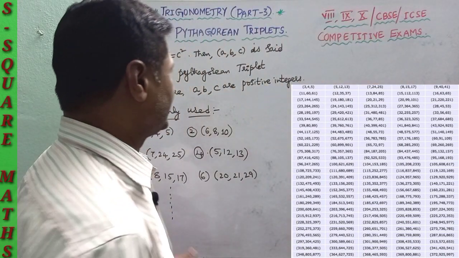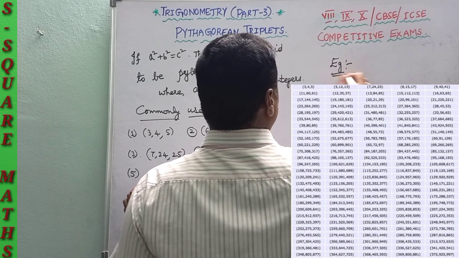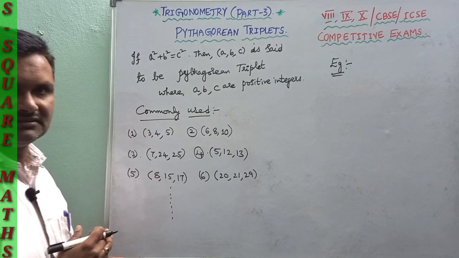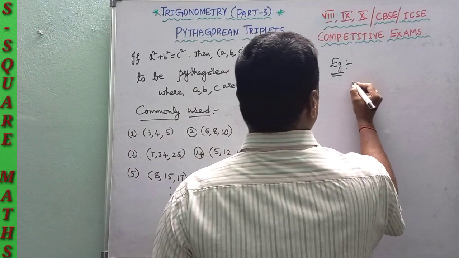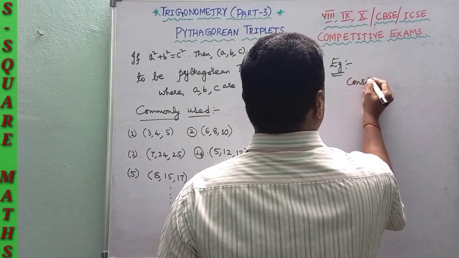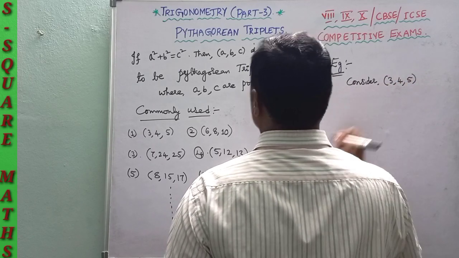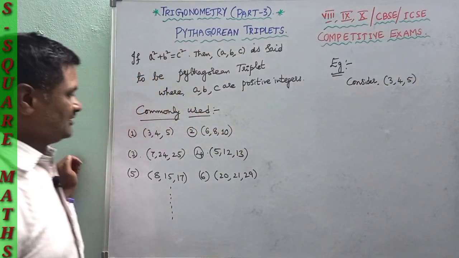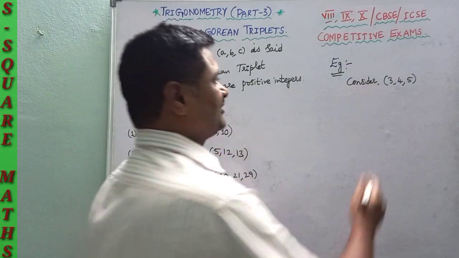You can consider anything, but for the sake of calculation, we are going to consider the first one, 3, 4, 5. While checking, consider the largest one here, which is 5.